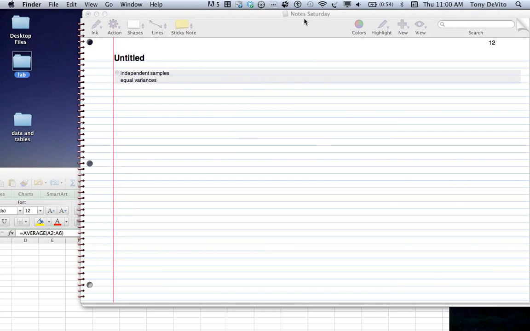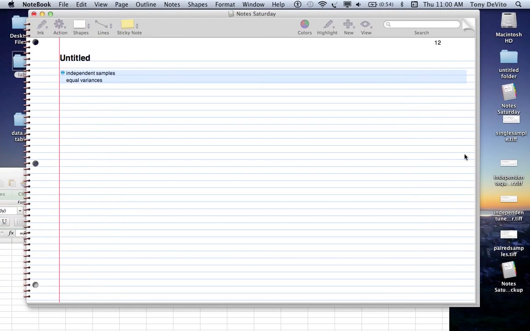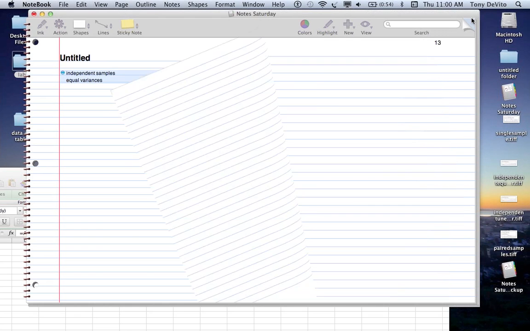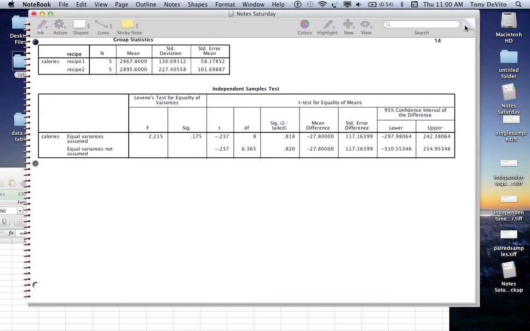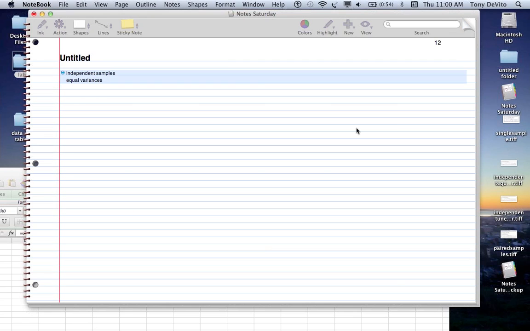Where did I put it now? I didn't put it in here, I guess. I didn't copy it in here. Okay, I'm going to fly without a net here.